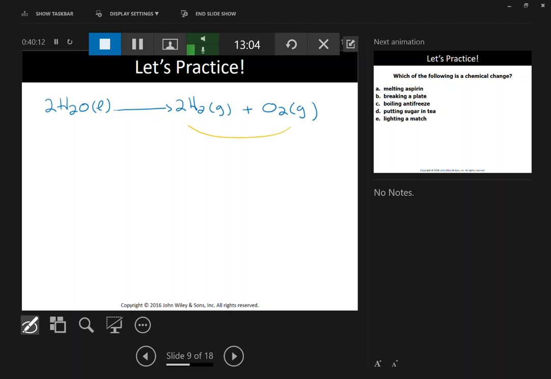So I can tell now that my products are hydrogen and oxygen and the reactant is water. So by just looking at the arrow, I know that I'm looking at decomposition of water. H2O liquid gives you hydrogen and oxygen gas.